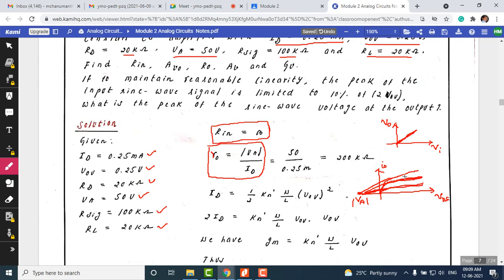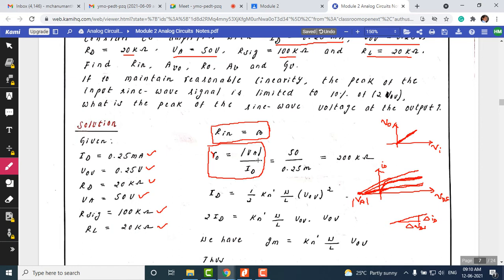If I expand this curve, the curves will be something like this, and the slope of this curve is nothing but delta ID on delta VDS. The inverse of this slope gives you the output resistance, which is R naught. So R naught is also related to the early voltage, VA by ID. This effect is called the channel length modulation effect, and this is the formula based on that.